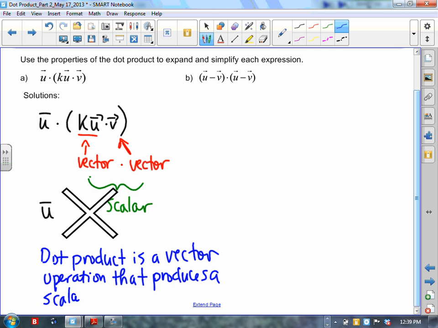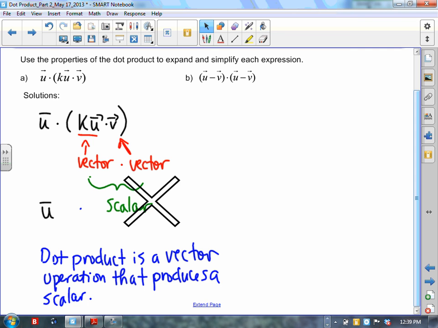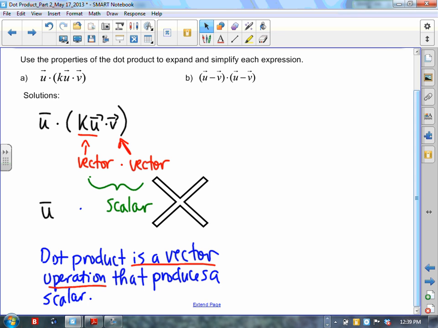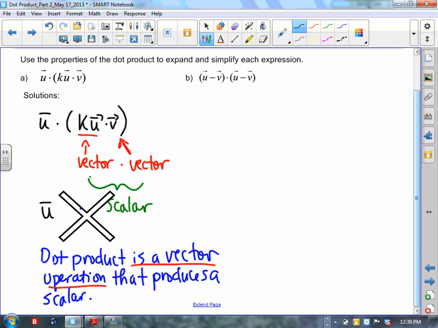So when we are trying to determine the dot product of a vector and a scalar, it does not exist, because the dot product is a vector operation. So this does not exist.